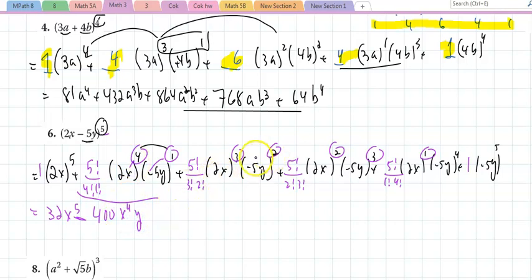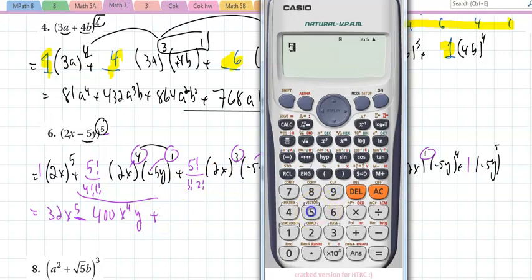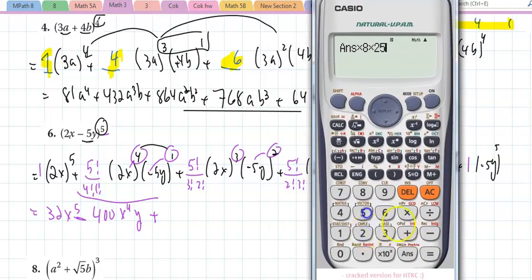This is going to be squared, so it's positive, and I'm going to take 5 choose either 2 or 3, makes no difference, times 2 cubed, which is 8, times 5 squared, which is 25.